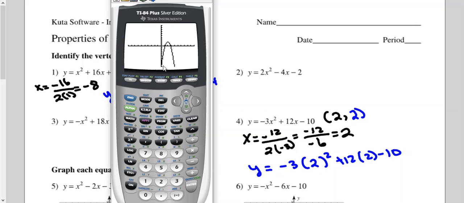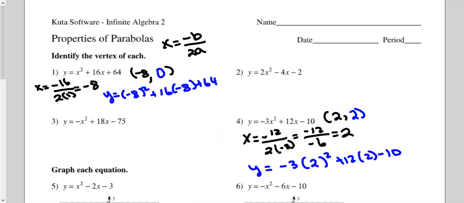If you want to trace it, you can trace the graph. It won't give you the exact value, but it gives you an estimate. So it's like 2, 1.9, which you can round to 2.